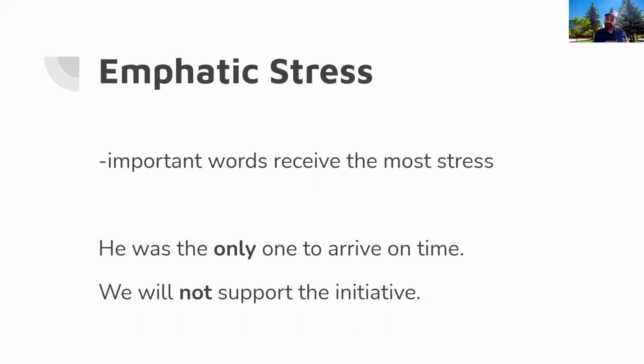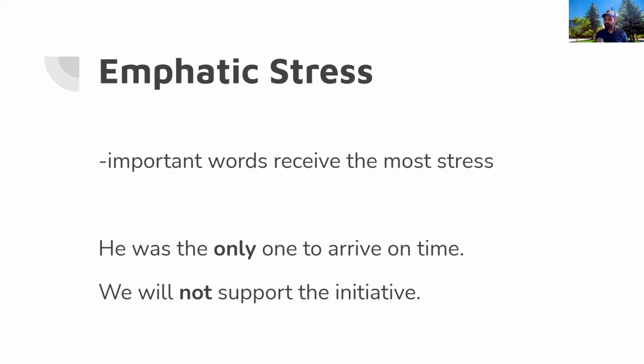Now, that's a normal kind of sentence stress, but we sometimes will shift sentence stress depending on what kinds of meaning we need the sentence to give, how we want to manipulate the grammar. So one of those ways is through emphatic stress. The most important words will receive the stress. So if we want to really focus the meaning on a particular aspect of the sentence, we will say that word stronger than all the other words.